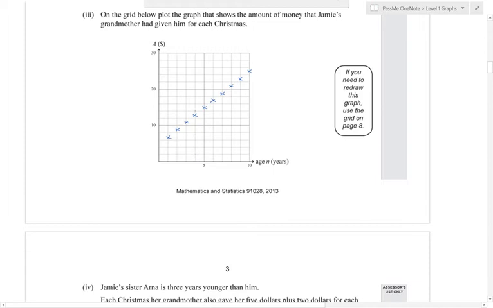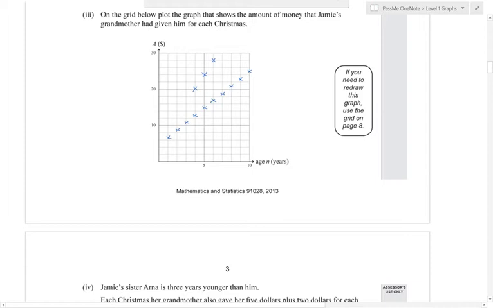So I've got 13 plus 7, so that will be a total of $20. The next year she'll get 9, so I've got 15 plus 9, that's going to be 24. The next year he's getting 17, and she'll get 11. 17 plus 11 is 28, and we won't be able to fit any more on the graph there.